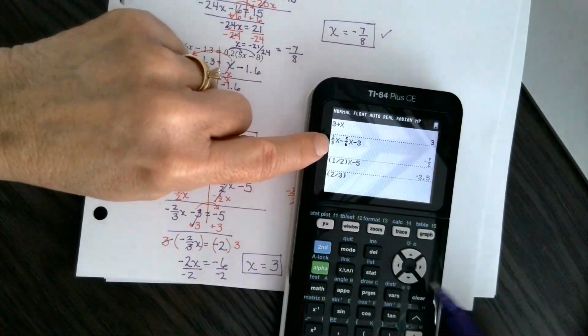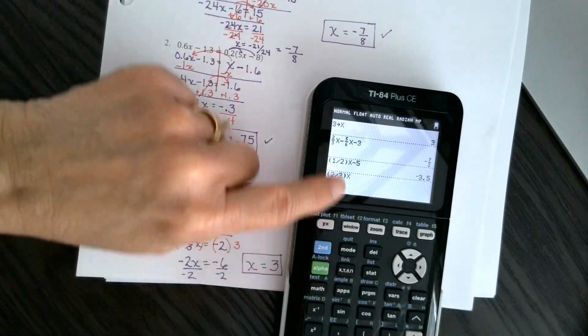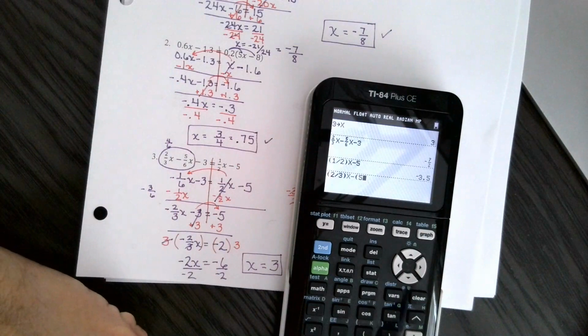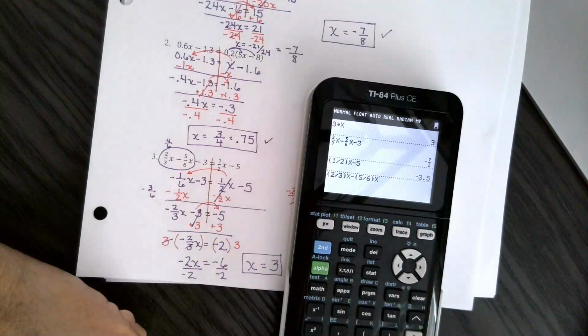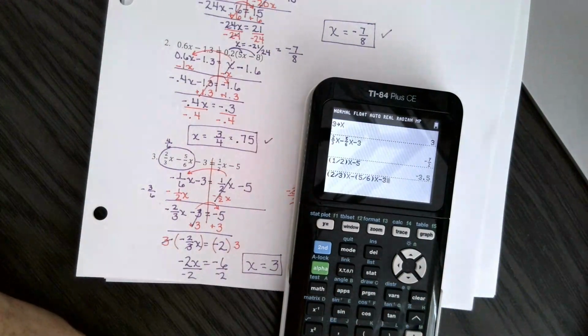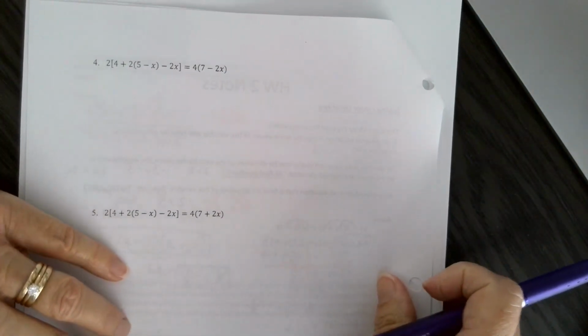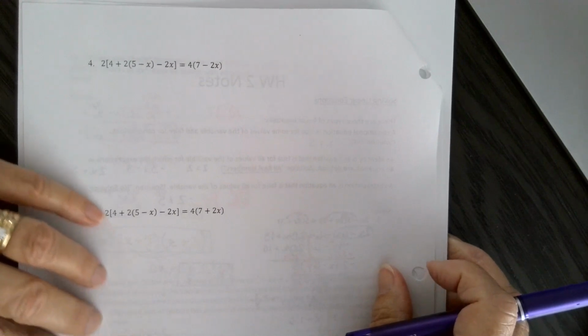But I would have just said 2/3 x minus 5 divided by 6 x minus 3, just because I'm faster at that. Okay, so my left still gave me the right. They get a little bit longer, but it doesn't take that long to do. It gets short really fast.